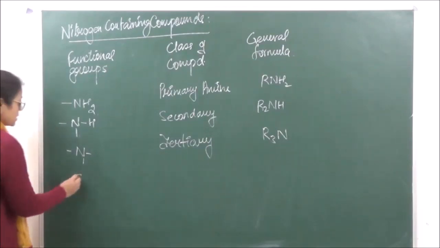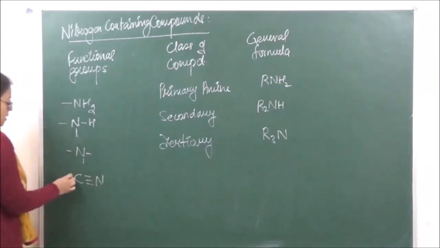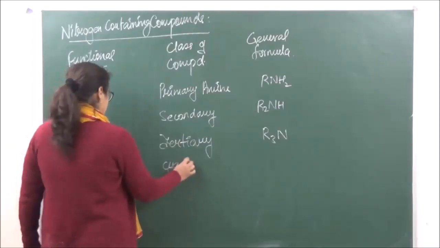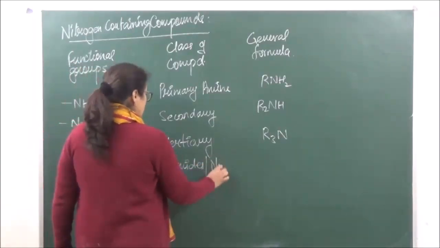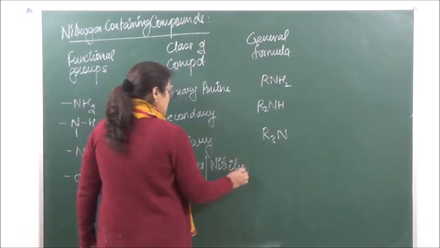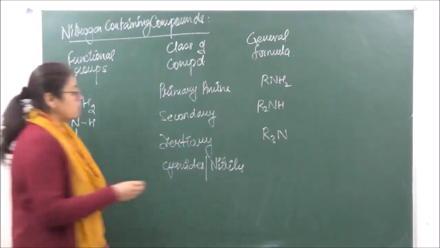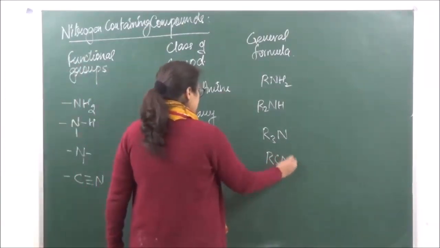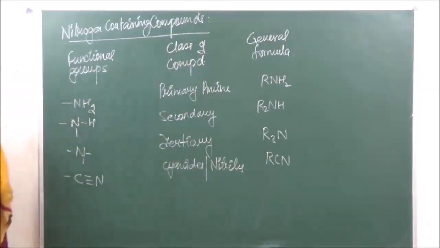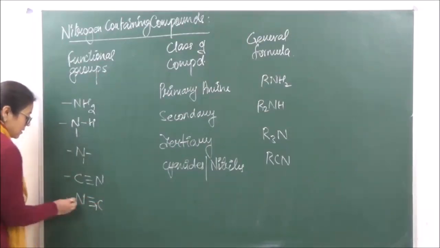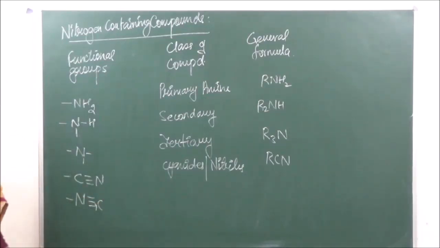Then we have another class of compounds with C triple bond N, which are known as the cyanides, or the nitriles. Okay? And they have the general formula RCN. Okay, now in this case we can have an isomer of cyanides over here which can be represented as N double bond and a coordinate bond with carbon.